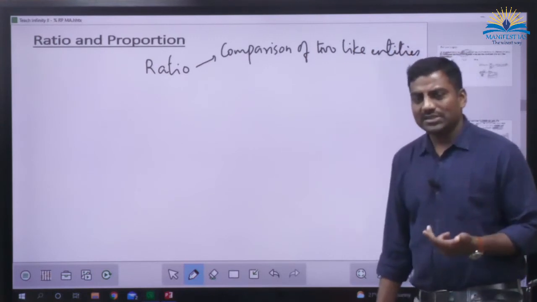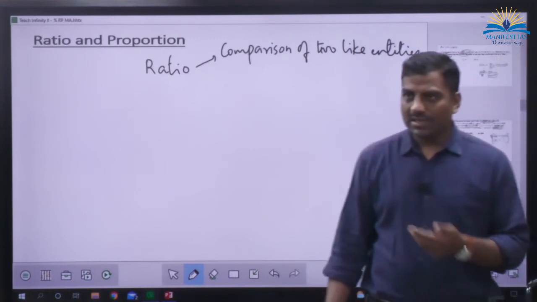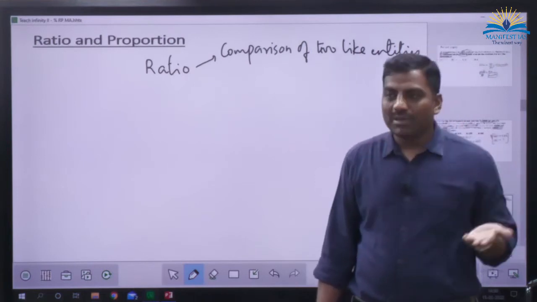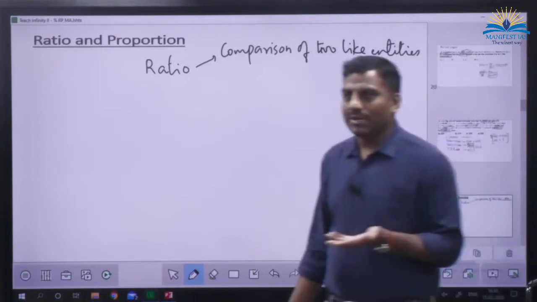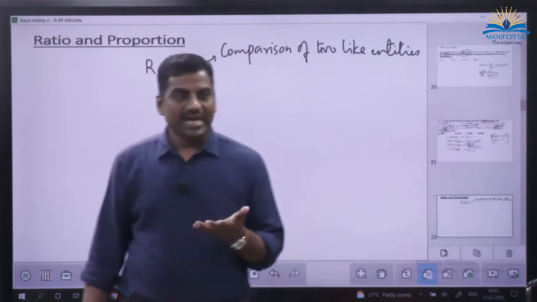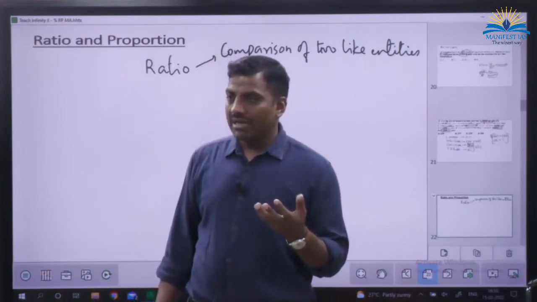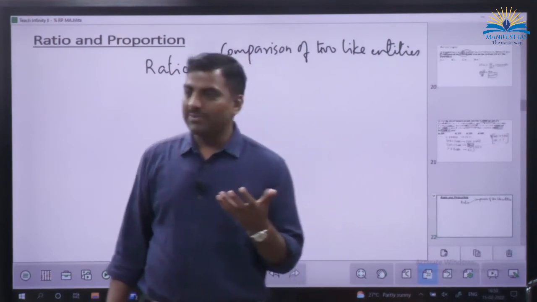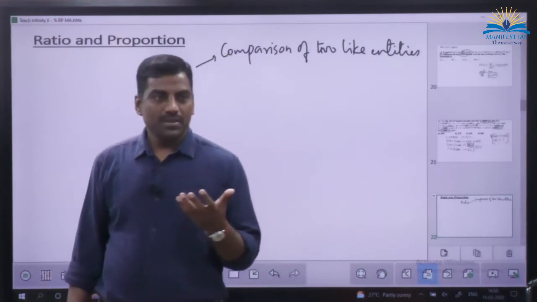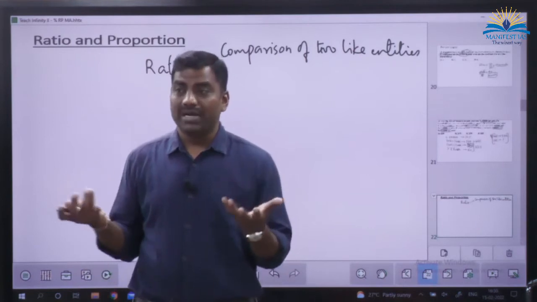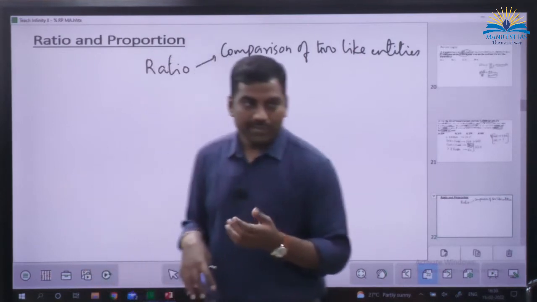Two like entities means which are comparable. Weights can be compared, heights can be compared, marks can be compared. Even salaries, income, the expenditures can be compared. Whatever can be compared, we are comparing.